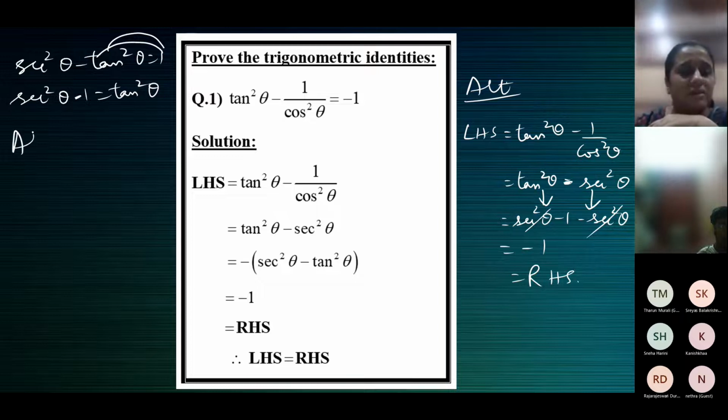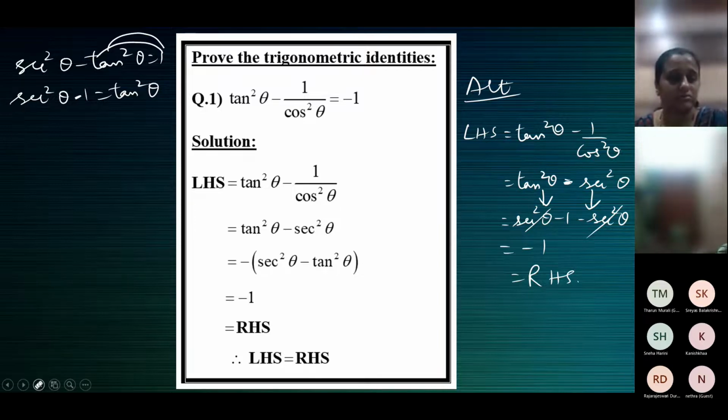Or another method can be, write down this, children. Alternate method is this one. Please write down this alternate method.